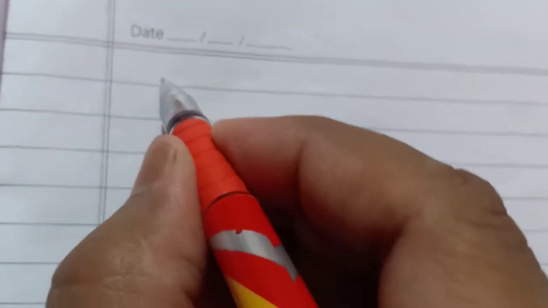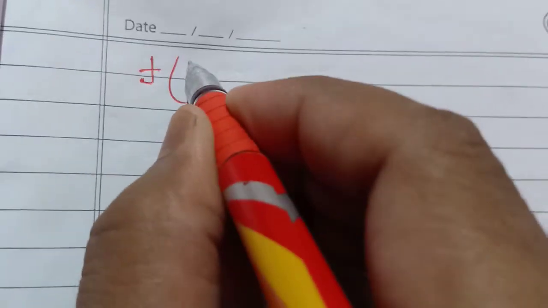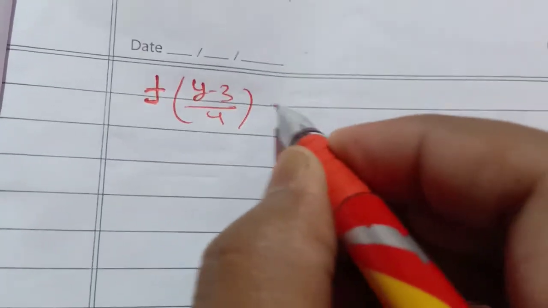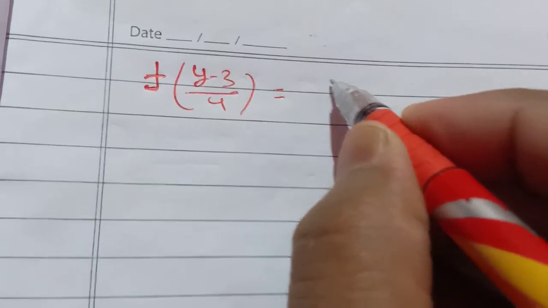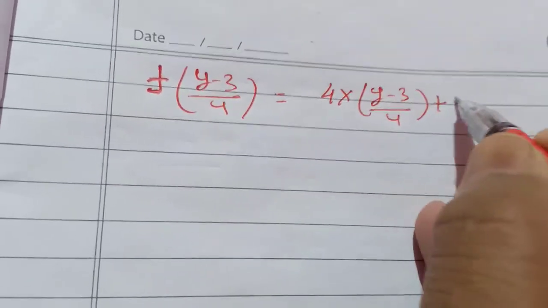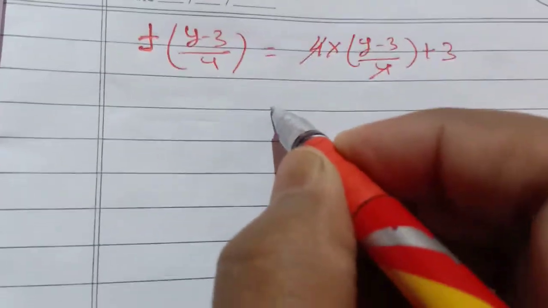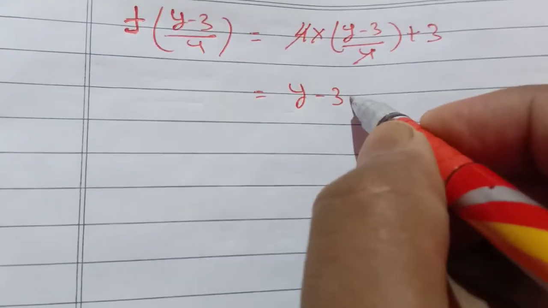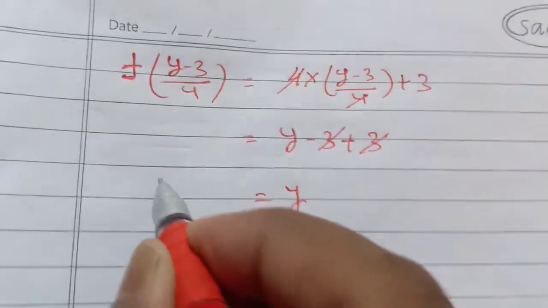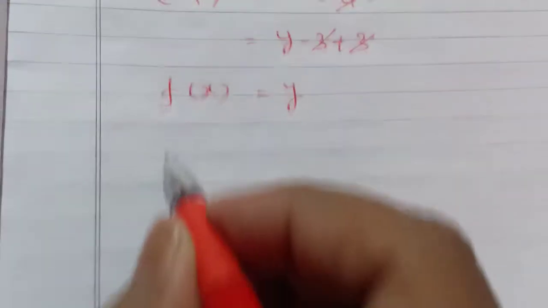Put x in the function, we get f((y - 3)/4) = 4 into (y - 3)/4 + 3. Here 4 is cancelled. Now this becomes y - 3 + 3. Here 3 is cancelled. We get f(x) = y.